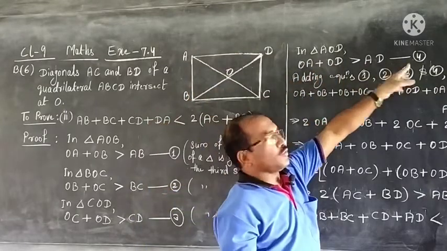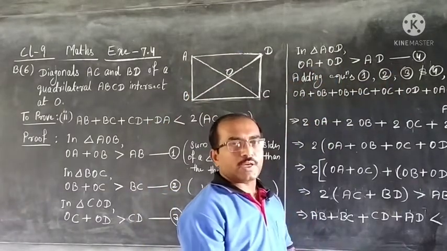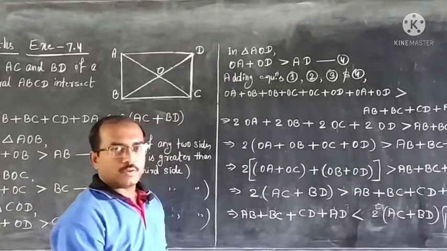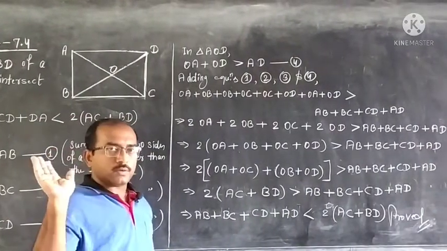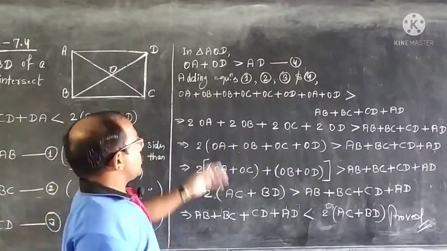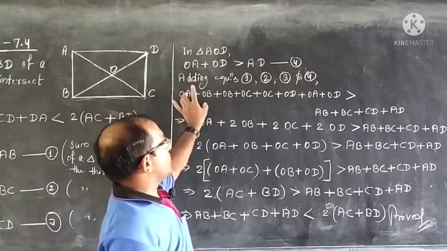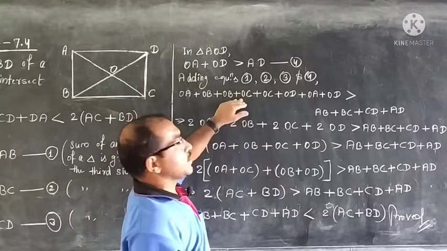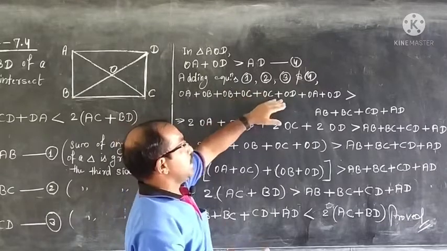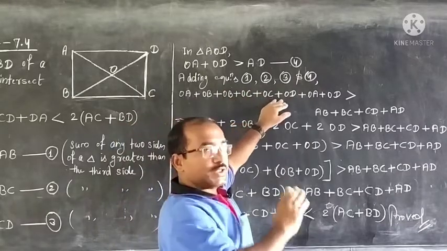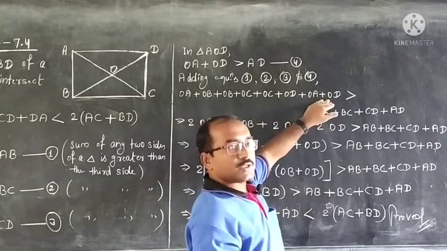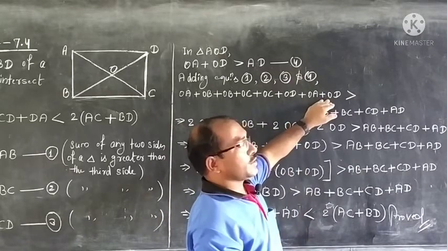We write down equation 4 and then we add all those 4 equations, because what we need to prove has a plus sign. So, adding equations 1, 2, 3, 4. Adding means the LHS of the first equation OA plus OB, the second equation LHS OB plus OC, the third equation LHS OC plus OD and the fourth equation LHS OA plus OD.